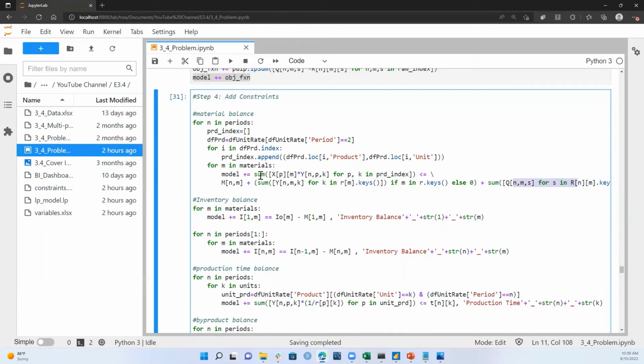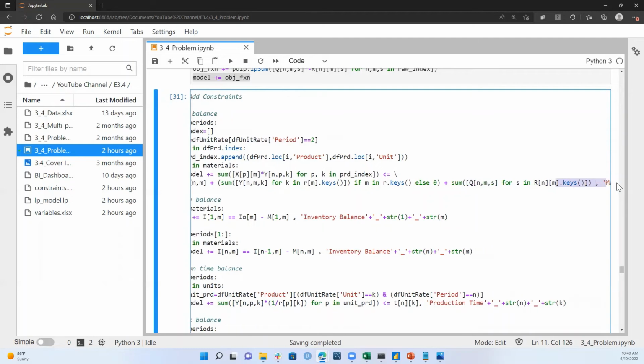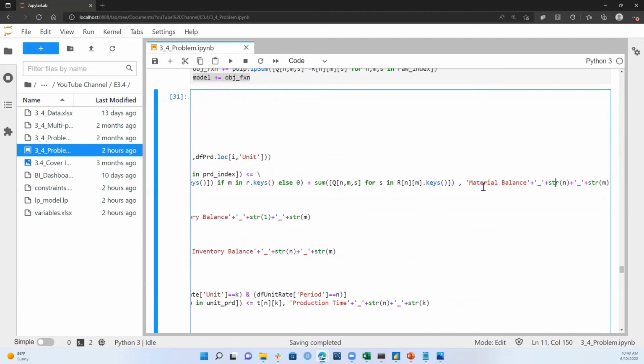So again, total consumption of material M has to be less than or equal to any change in inventory, plus any upstream production, plus anything that we procure or buy from a vendor. And then like past episodes, we name these. So material balance underscore string N, which is going to indicate the time period for which this constraint exists, and then string M for the material.